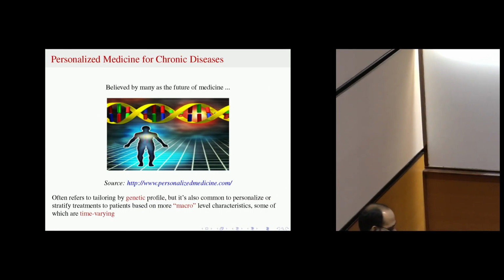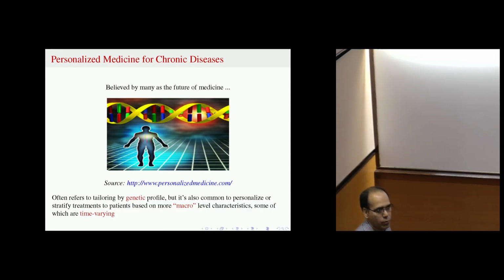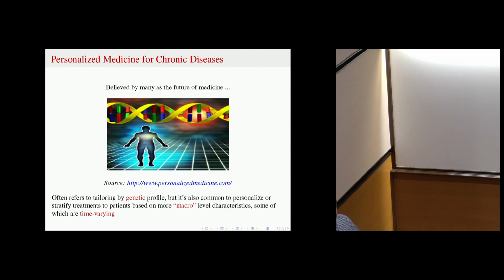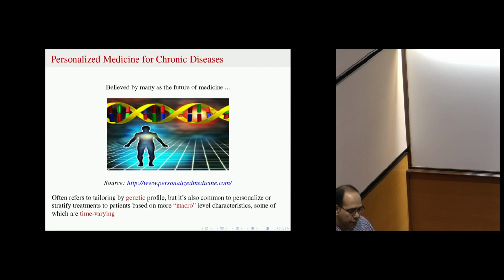But just to mention, here we will not be explicitly talking about genetic profiling, but many other macro level variables, like test results from diagnostic tests, of course the demographics, stuff like that. And some of these could be time varying, right? So you can still conceptualize precision medicine not at the genetic level, but at a more macro level.